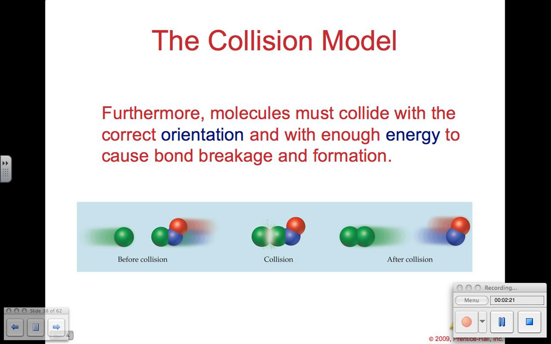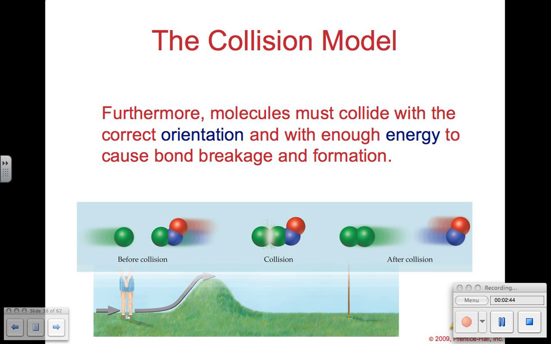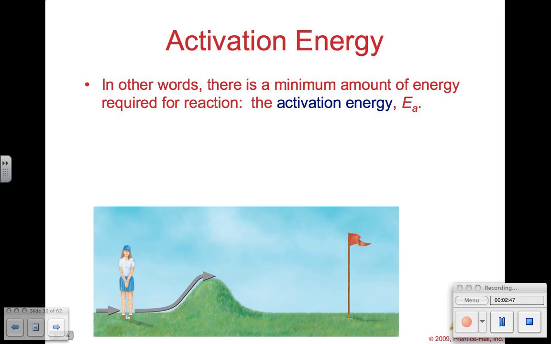When you think of the collision model and a chemical reaction occurring, bonds have to be broken and new bonds have to form, and that can only really happen if the molecules collide with each other. They also have to collide properly, coming into the correct orientation, and they have to have the right amount of energy or speed for bonds to break and new bonds to form.